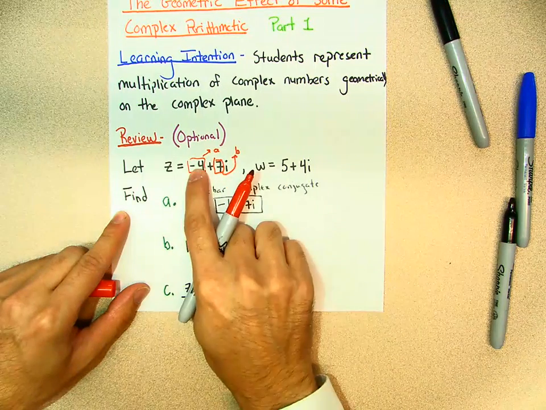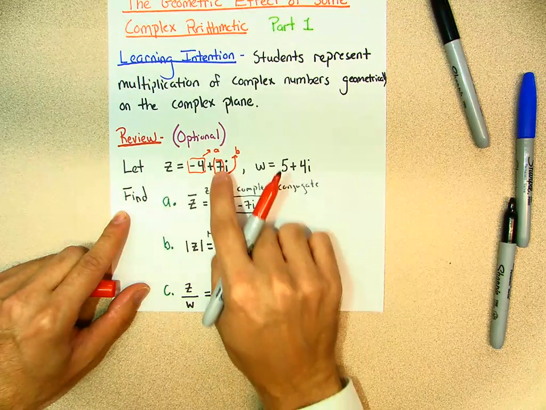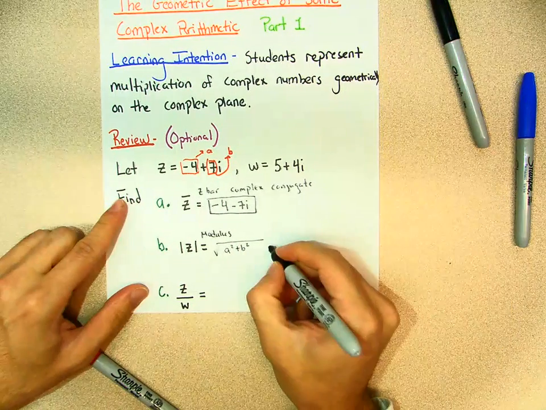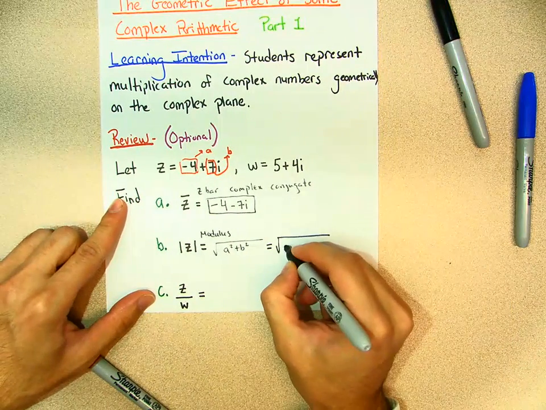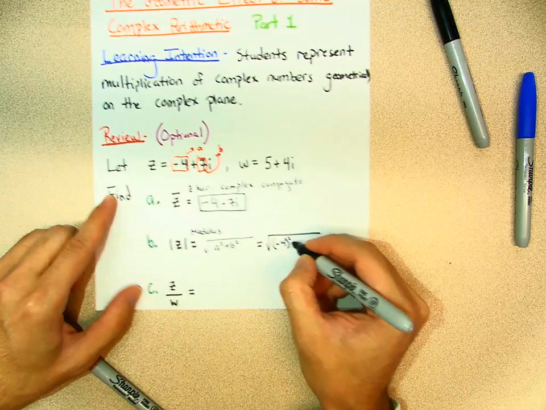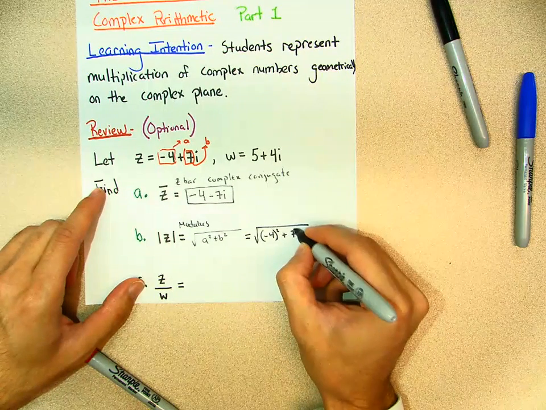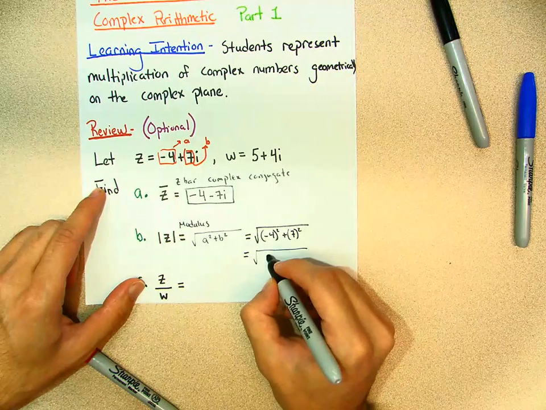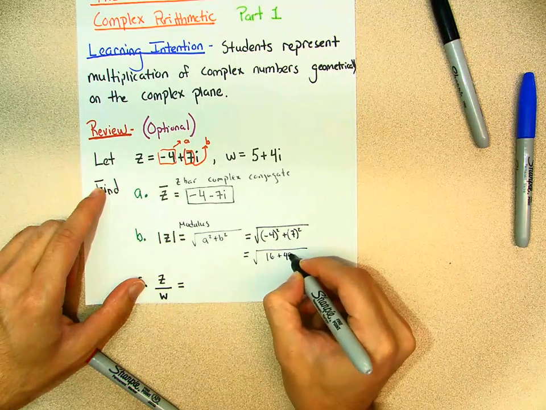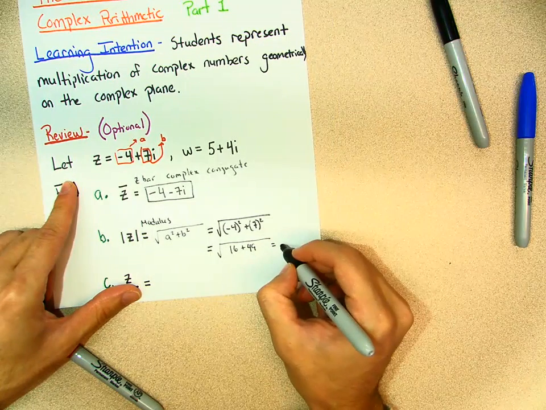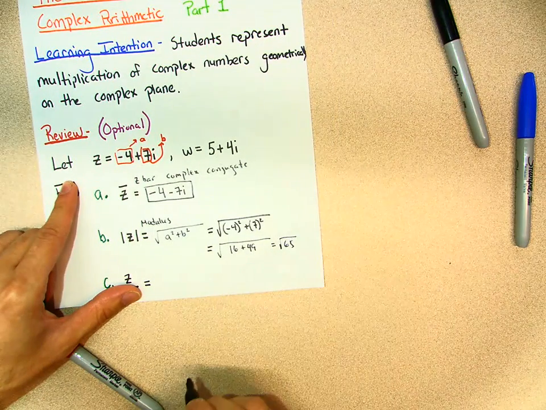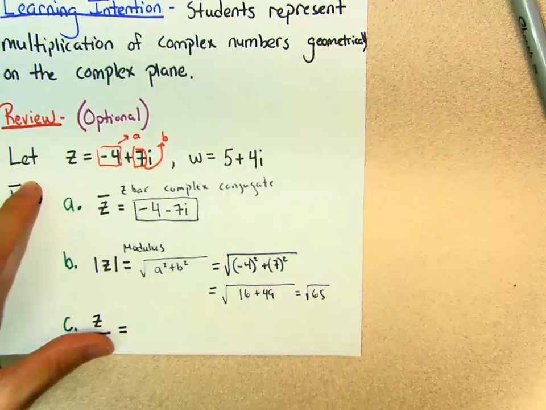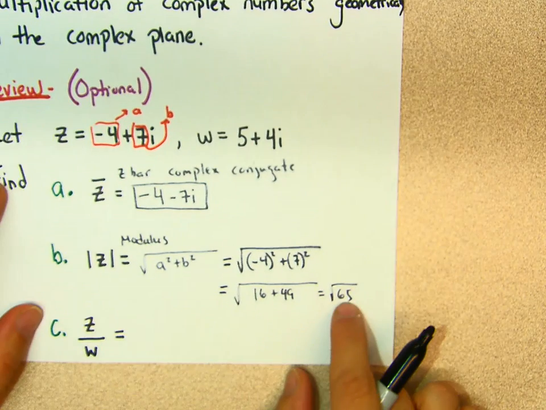So I'm just plugging in the a over here and the b over here, and I'm simply going to have the square root of negative 4 squared plus 7 squared, and that's equal to the square root of 16 plus 49, which is equal to the square root of 65. And we can't simplify this anymore, so we leave it just like that, okay?